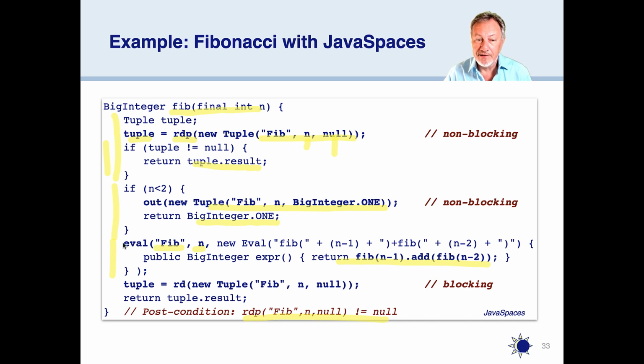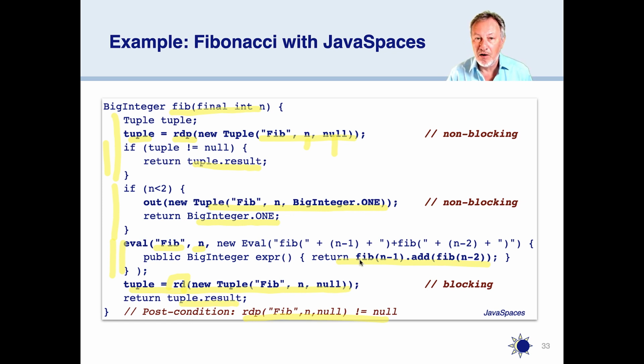Now, once this is done, the tuple space has been populated now with the Fibonacci value that we wanted. So now this guy is going to succeed. It's a blocking operator. Here, before we did a readP, now we do a read. So this read will actually grab that value, and now we can return the tuple result. Of course, we had the tuple result.